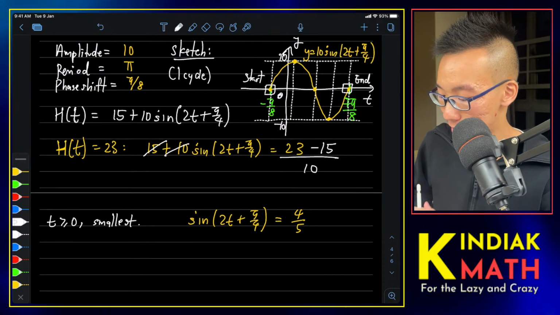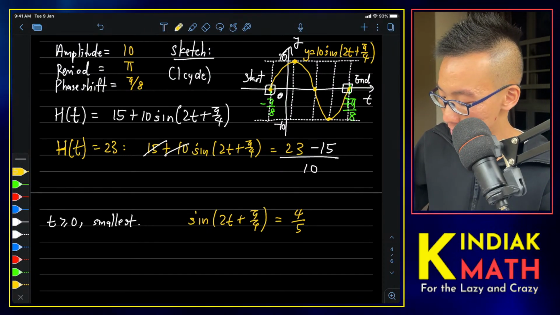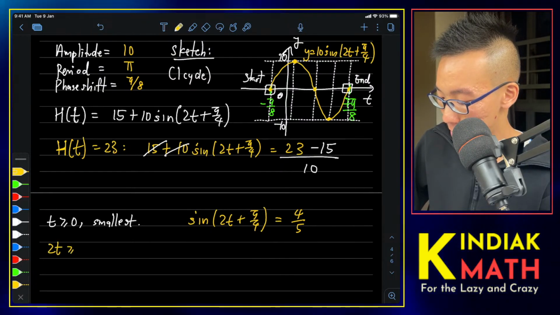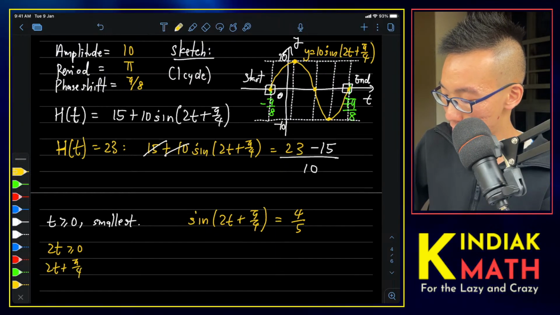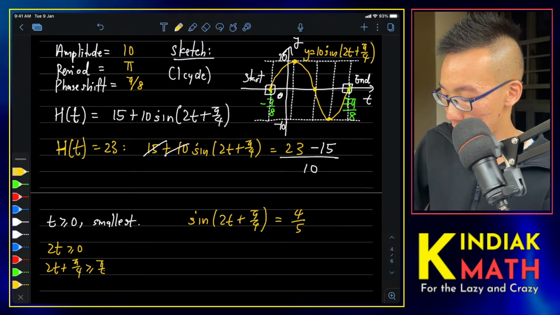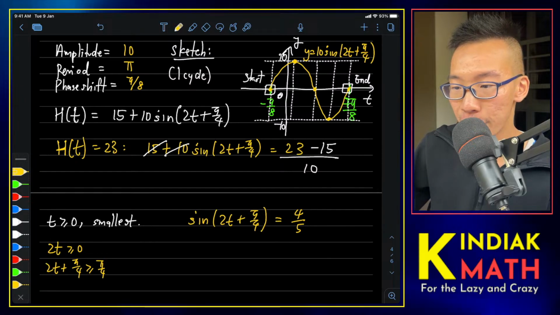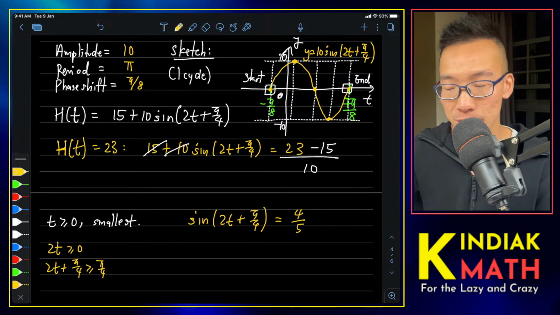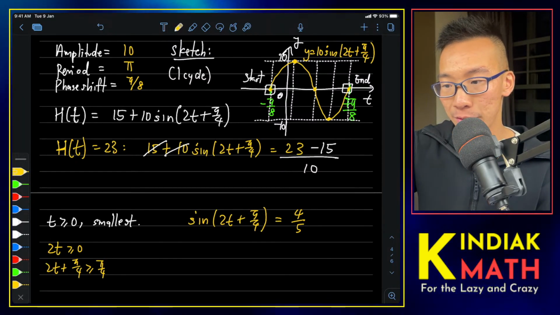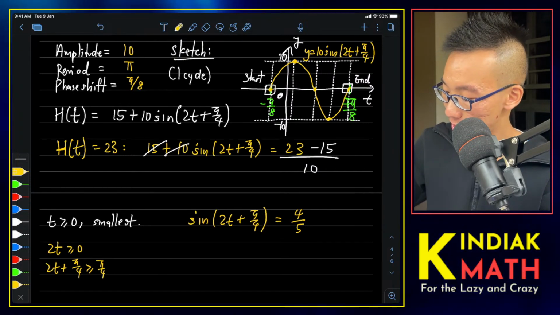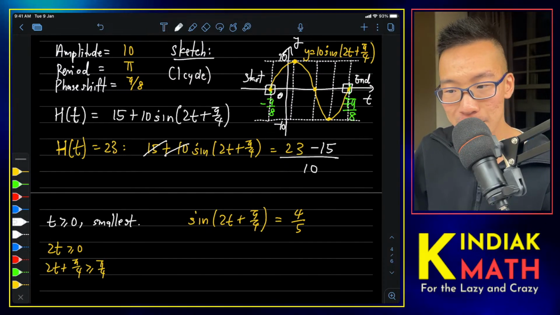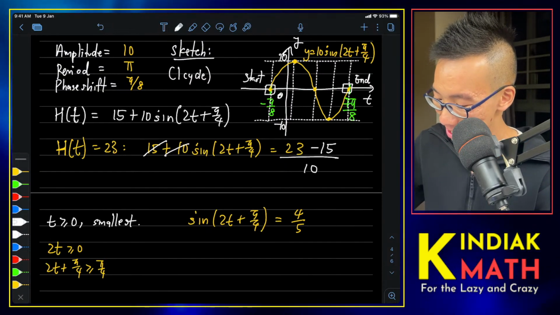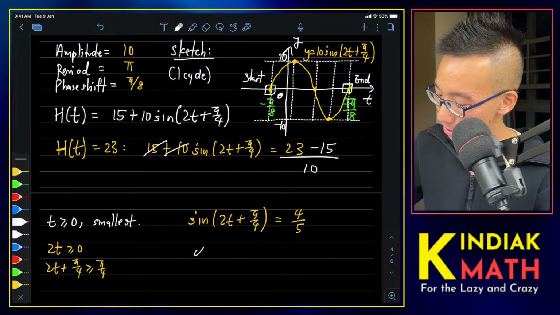Since t is positive, then 2t has to be positive, and 2t plus pi over 4 must be at least pi over 4. This will inform the solutions that we can accept in our final answer. So we need to solve a trigonometric equation, and the process is surprisingly straightforward because we need to first find the basic angle.